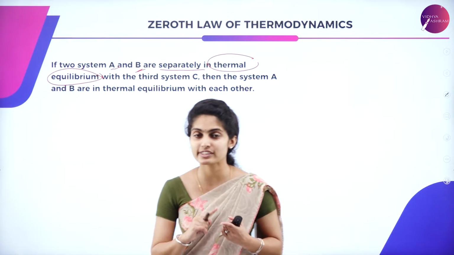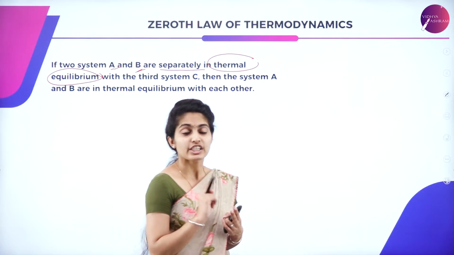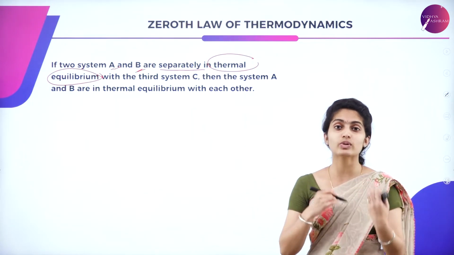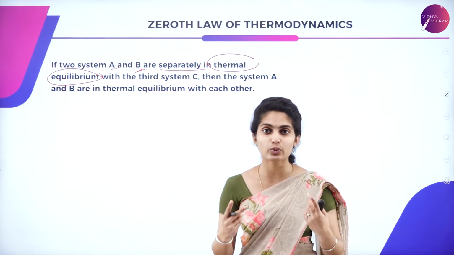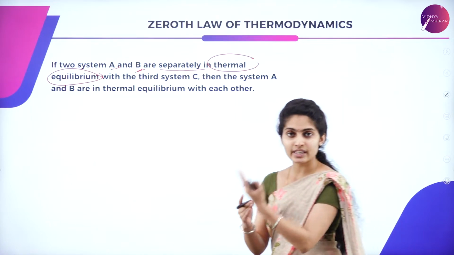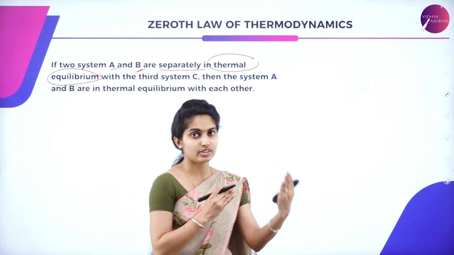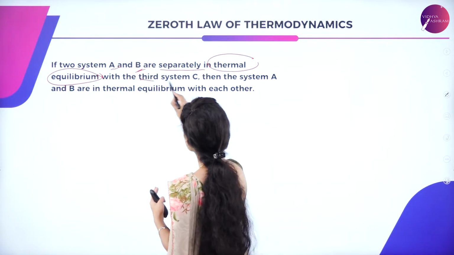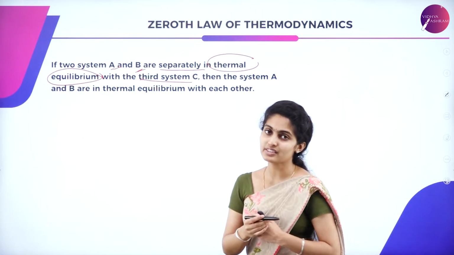So both systems are said to have different thermal equilibrium, that is, different temperatures. Why equilibrium again? Its temperature with the surroundings is said to be equal. System A is in equilibrium with its surroundings, and system B is also in equilibrium with its own surroundings, and here there is a third system C, which is also in equilibrium with its surroundings.